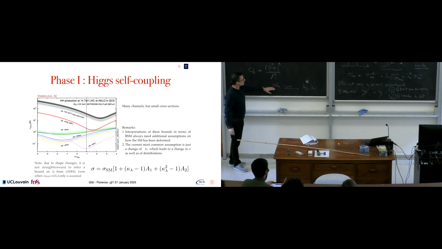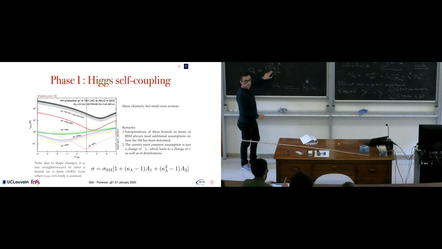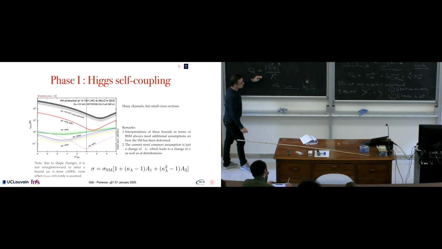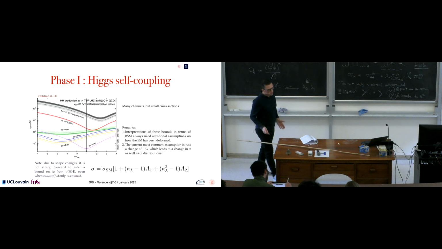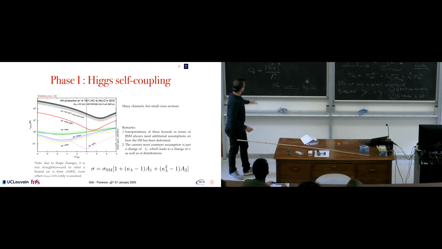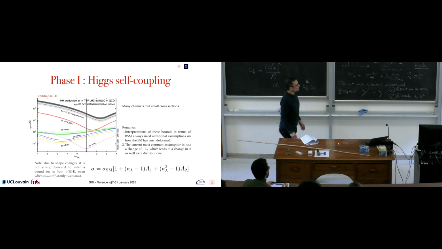By adding this operator, I make the mass of the X independent from lambda 3 and lambda 4, but lambda 3 and lambda 4 among themselves are still linked. I don't unlock the two. This O6 is a famous operator, because it is the one with which we modify the self-coupling.